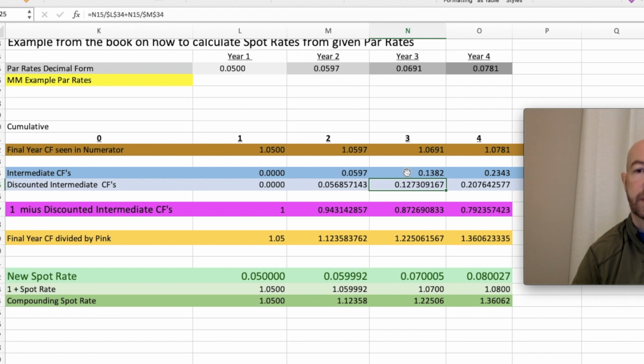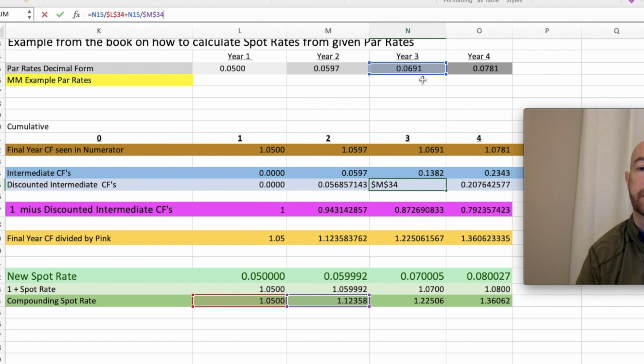That'll be almost 14 cents. Then you need to discount that by some number, right? Because you've got to get the present value. Now this is where it's tricky, because the first cash flow, the cash flow that came in year 1, you're going to divide it by the spot rate for that year.